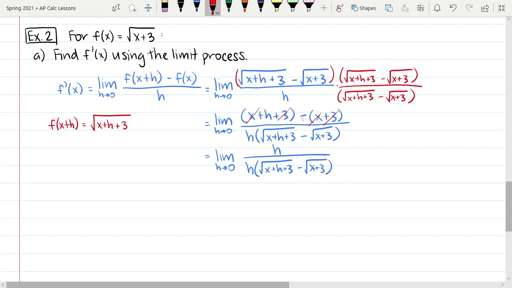And then now, as you can hopefully see, those h's also divide out, leaving me with a 1 in the numerator. And so finally, we have this.